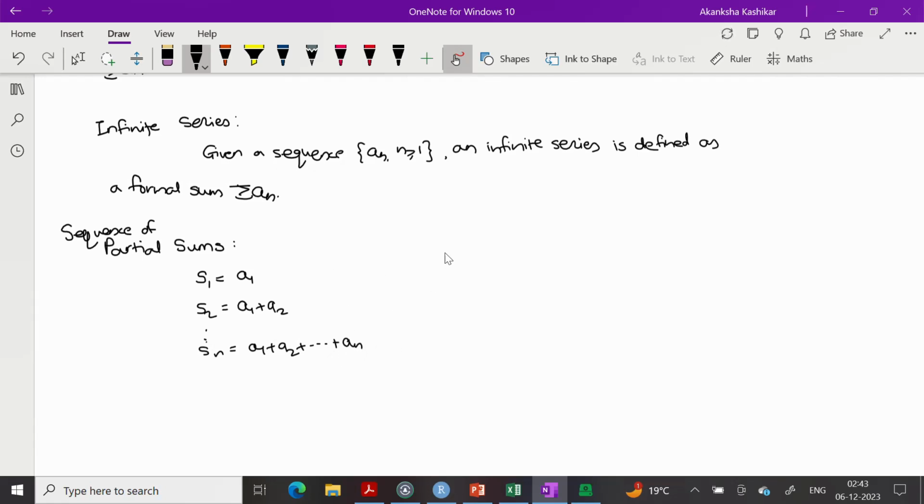These are known as partial sums, and hence S_n associated with this series a_n is known as a sequence of partial sums.